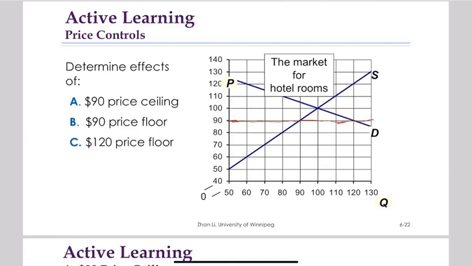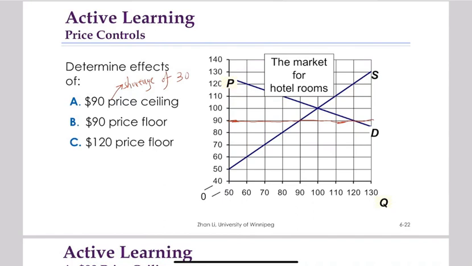So in this case, we will have shortages. We would see that the quantity demanded would be 120 and the quantity supplied would be 90. So in the first case, we will have a shortage of 30 rooms.